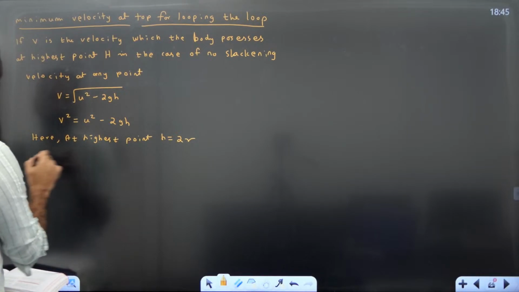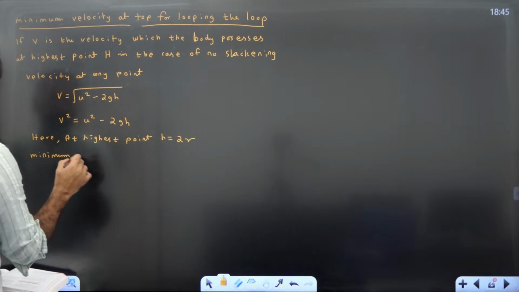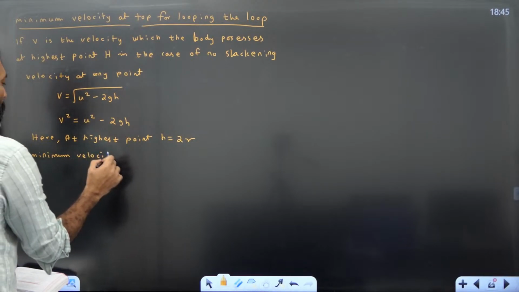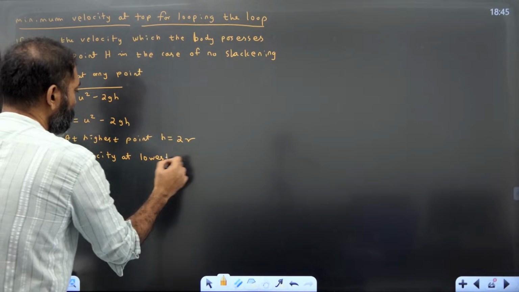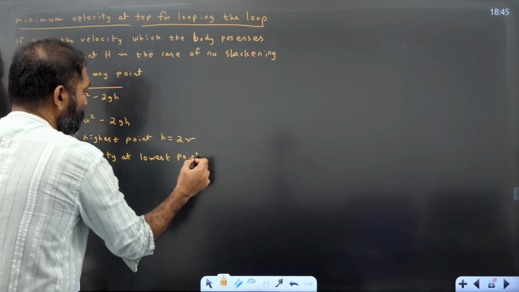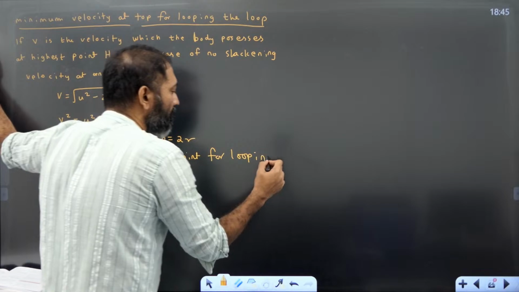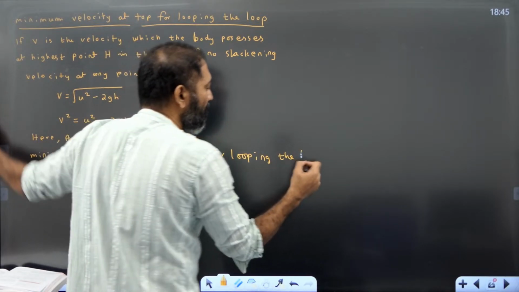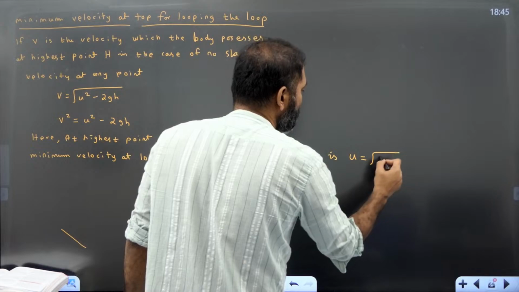And u, the minimum velocity at the lowest point for looping the loop, which is already done on the previous page, is u equal to root 5gr.